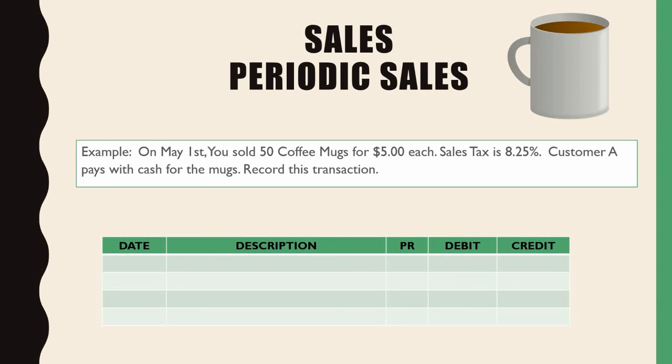Customer A pays with cash for the mugs. So record this transaction. How do we record this sale?